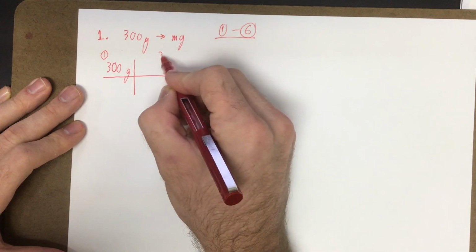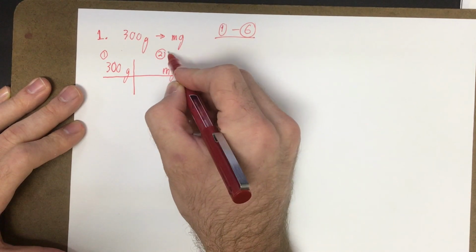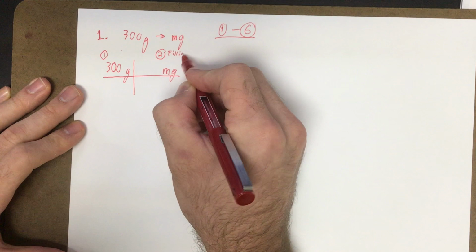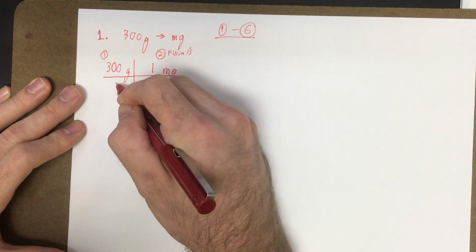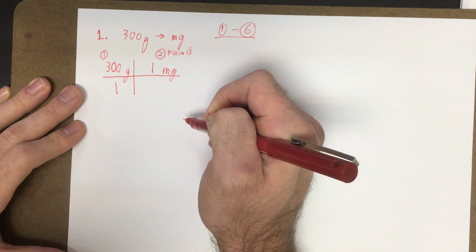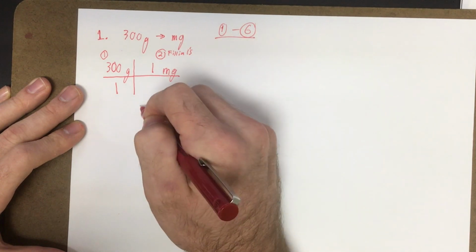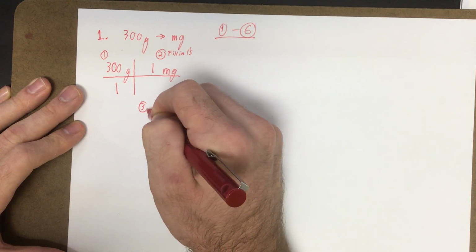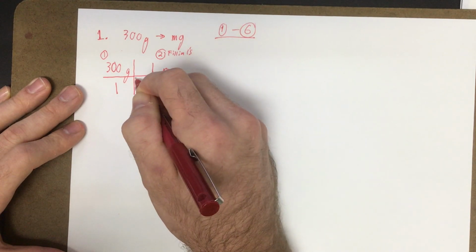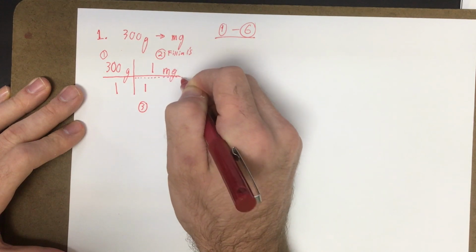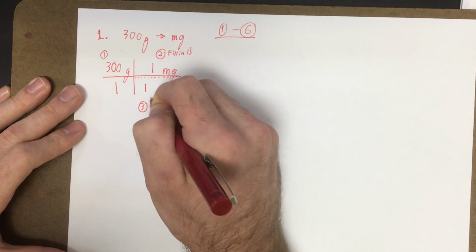Then step 2, I'm going to fill in my 1s, okay? So you're going to fill in your 1 here and your 1 there, okay? Then step 3 is going to fill in this bottom corner right here, okay?